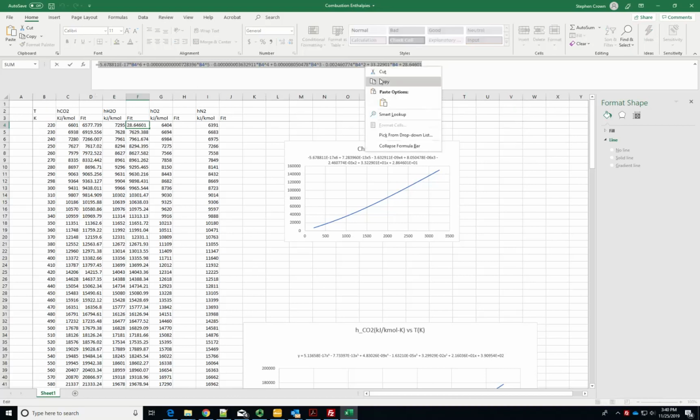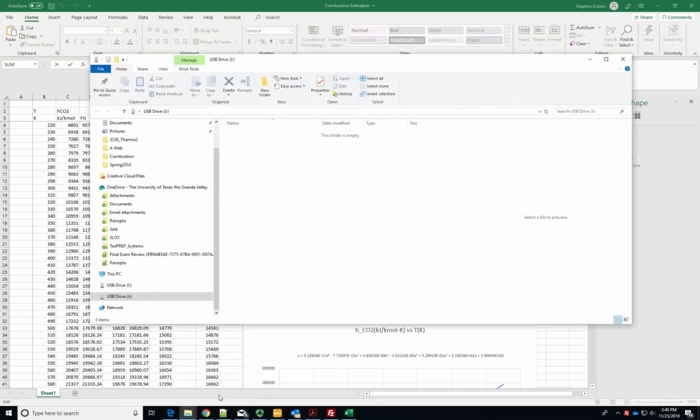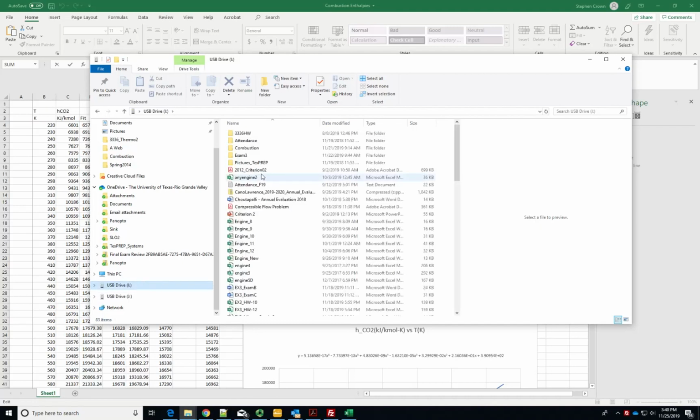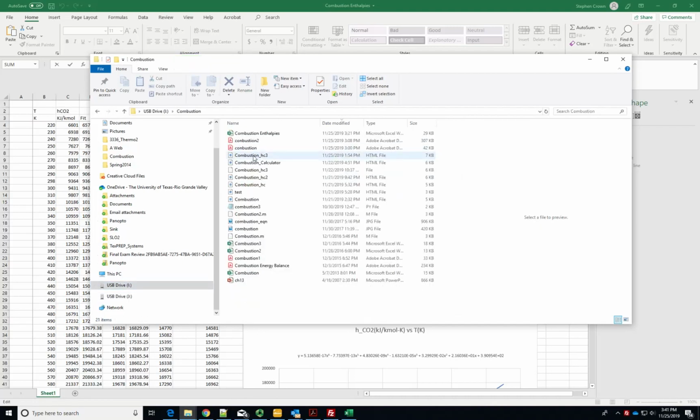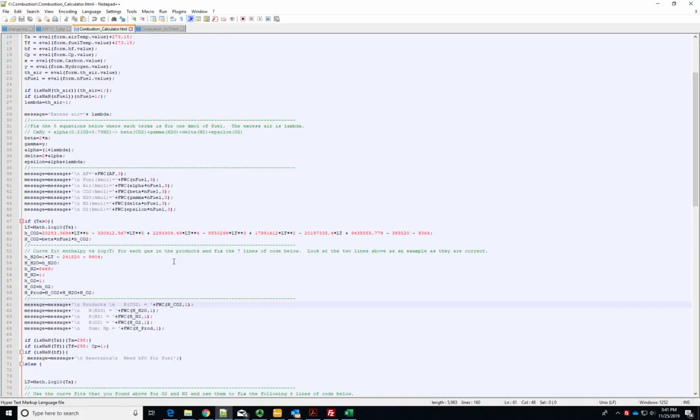We'll still have to modify it a little bit. All right, now I believe I sent you a program called Combustion Calculator. And actually, I want to open that with an editor. You can open it in Notepad if you want.